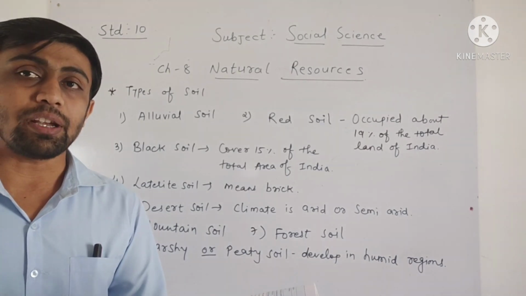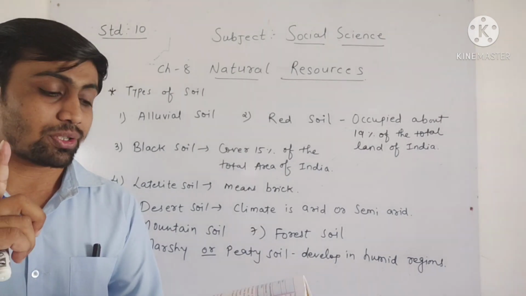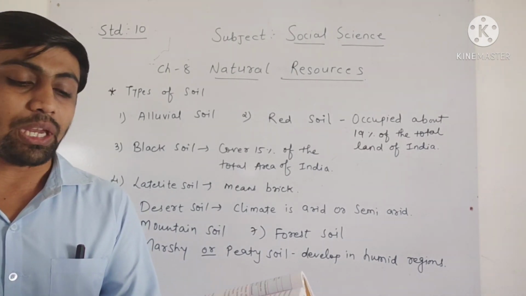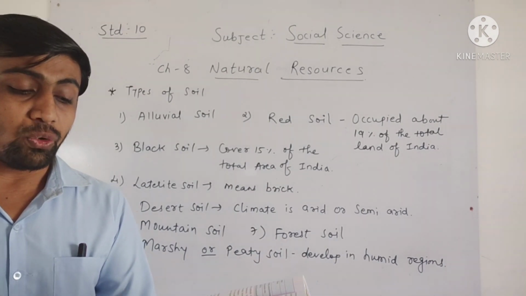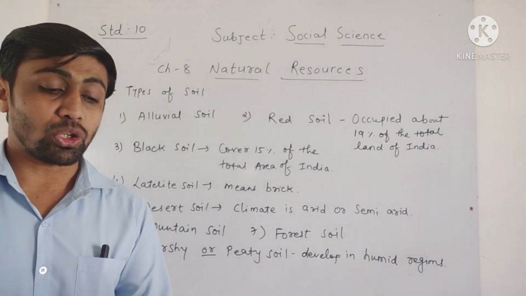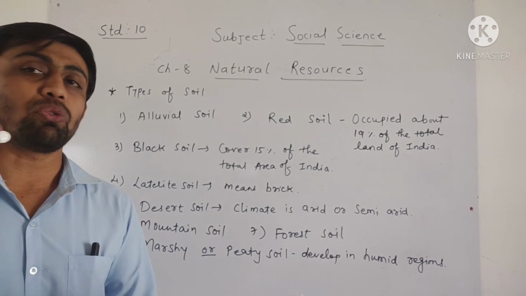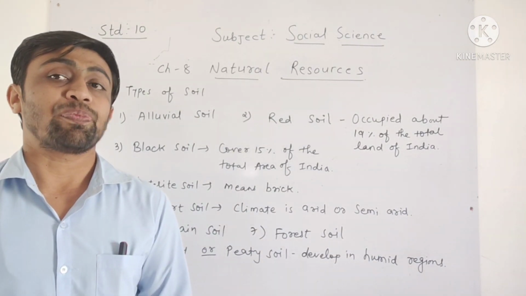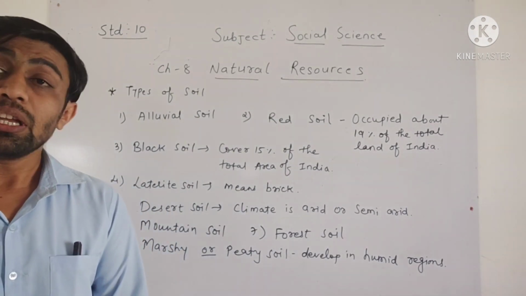Out of the 8 types, in the previous lecture we have completed the first, alluvial soil. This alluvial soil is spread over near about 43% of the total area of India. Up to this, dear children, we have completed.